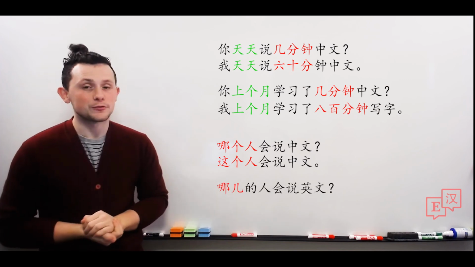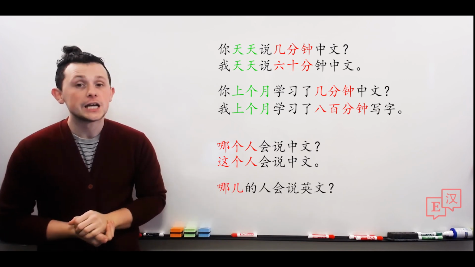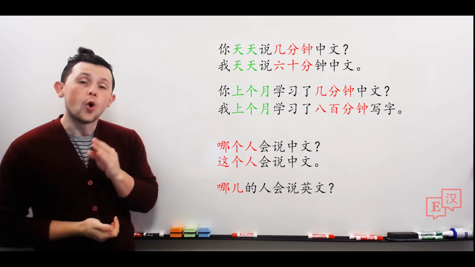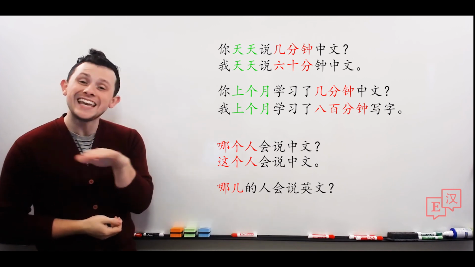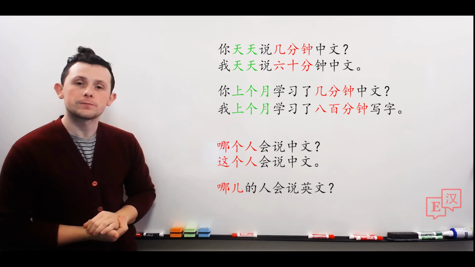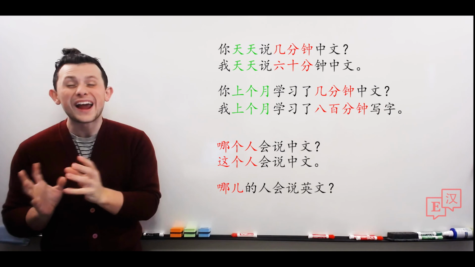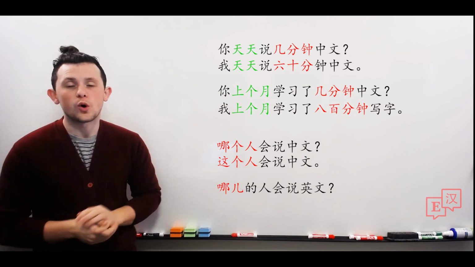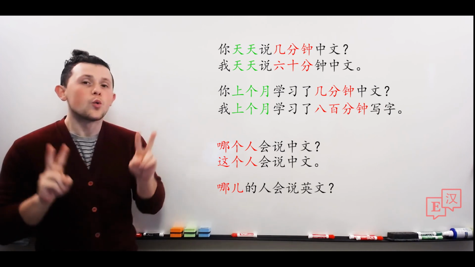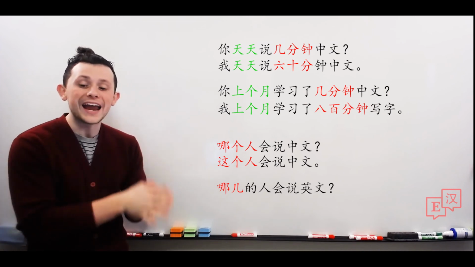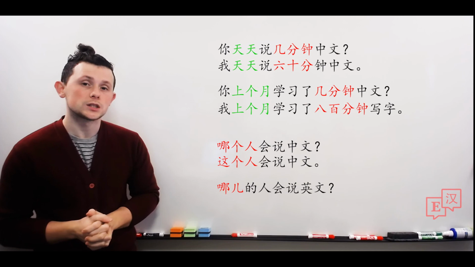Our last example for today. 哪儿的人会说英文? So where the people, or sounds a little weird, but where's people, the people of where, are able to speak English?